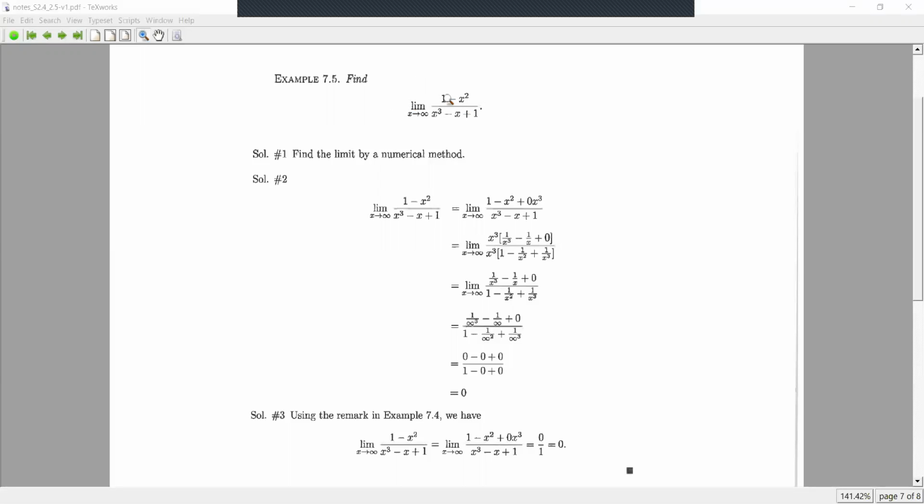Now, to find this limit, I can see there are 3 solutions. Solution 1, you can use a table to find the limit. Solution 2, we can use direct substitution to find the limit.